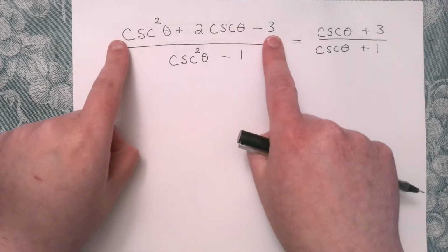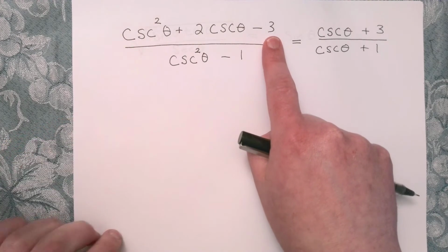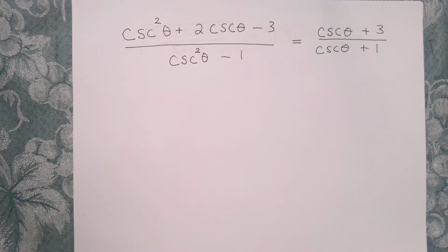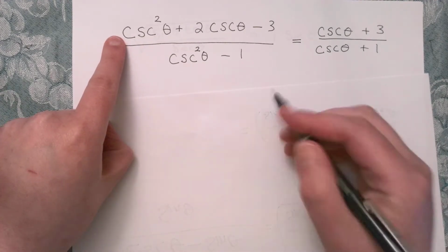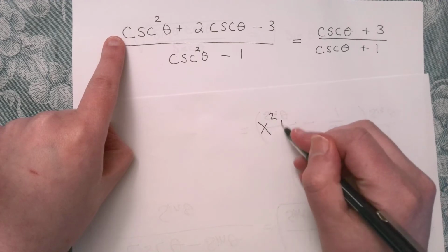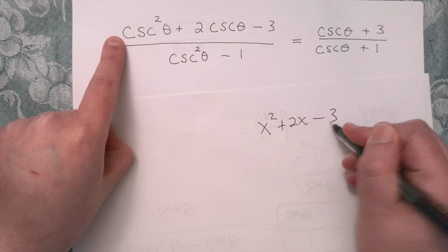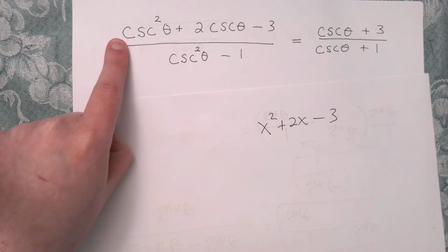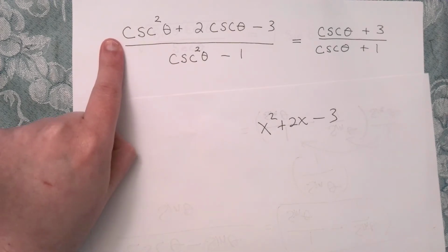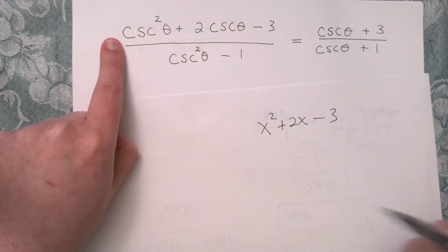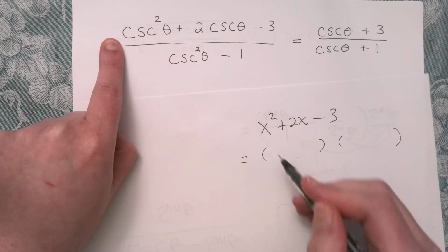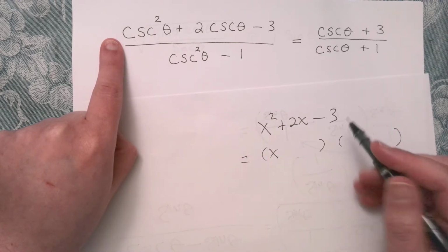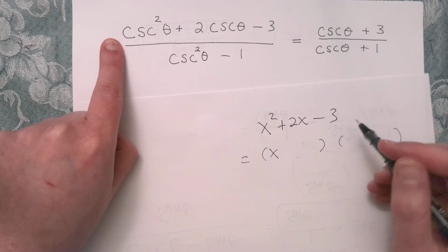I mean, this looks like a trinomial, right? This reminds me a lot of perhaps something like this. So when I see something like this, I think of like x squared plus 2x minus 3. Just x is cosecant of theta, right? And I know one of the options I would have with a trinomial like this would be to perhaps factor it. And depending on the context, that could be useful.